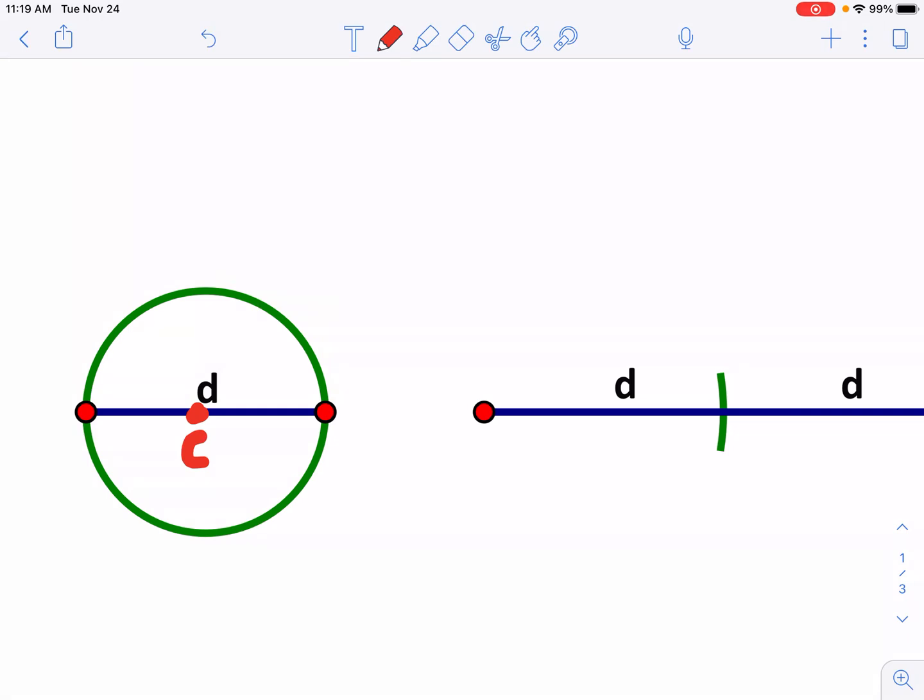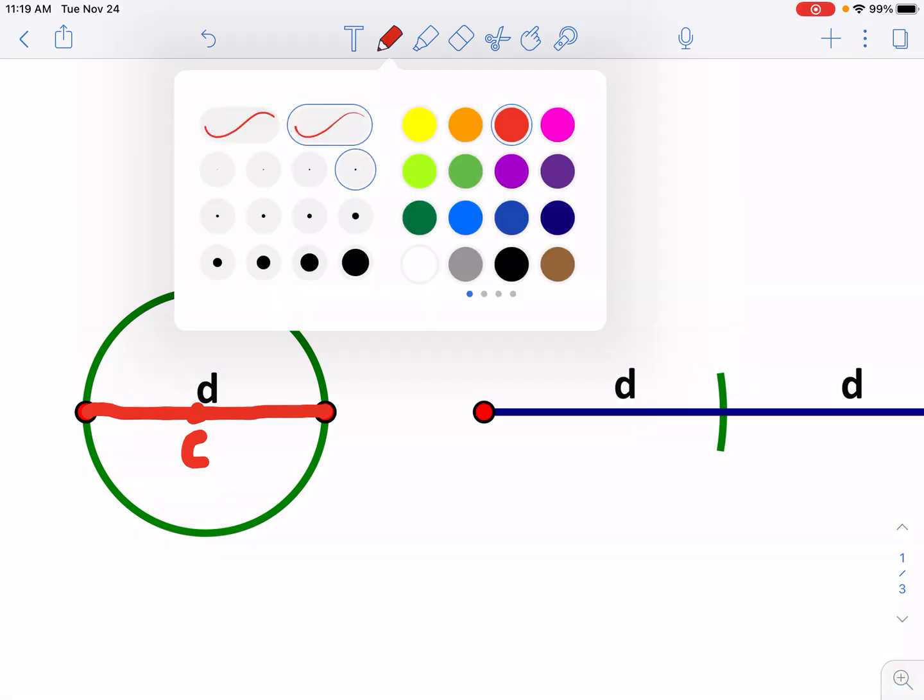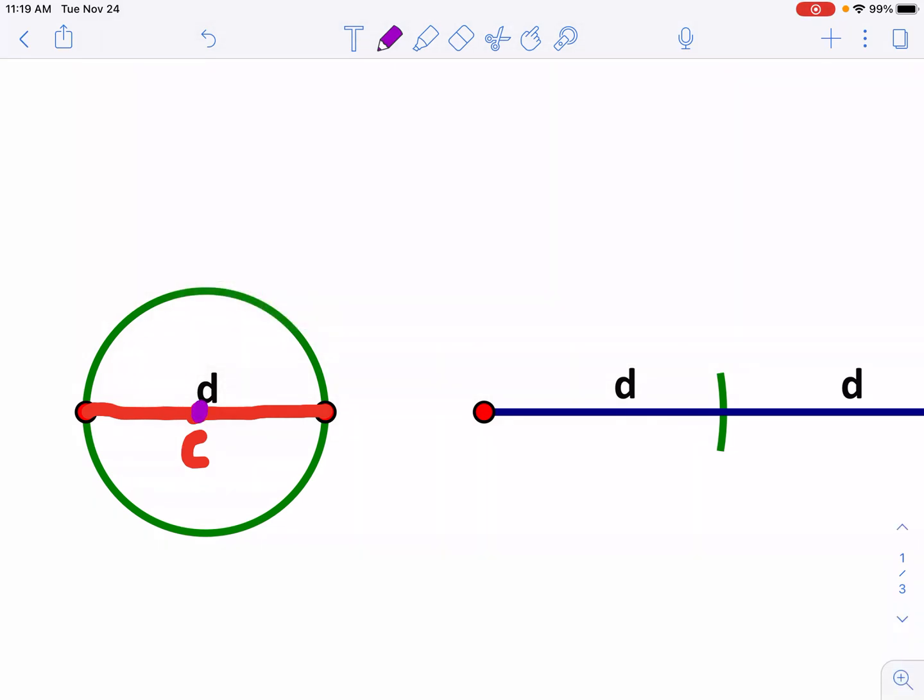So our diameter D would go all the way across our circle through the center. Now if we divide the diameter in half, if we only look at half the diameter from here to here, then we're talking about the radius, the radius of that circle from the center to the outer edge.